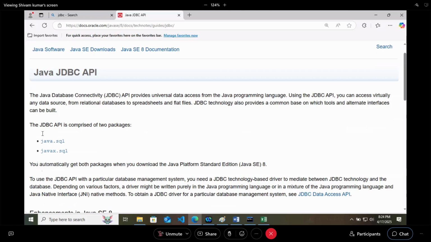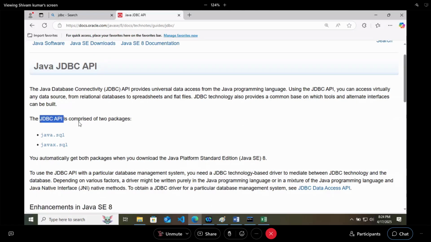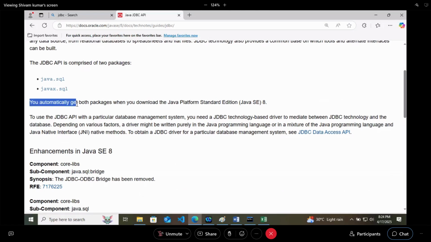The JDBC API is comprised of two packages. Means when you are loading the JDBC API, you will get two packages, java.sql and javax.sql. You automatically get both packages when you download the Java platform SE 8. Means you should download at least Java 8.